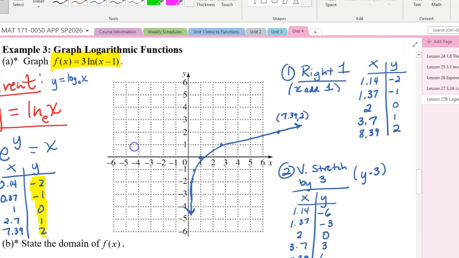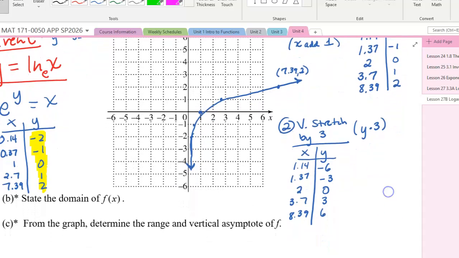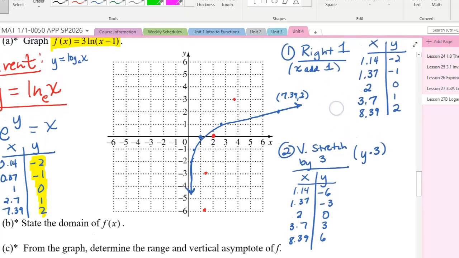and those are the only transformations on my function, so I'm ready to graph the transformed function. So I'm going to go 1.14 down to negative 6, 1.37 down to negative 3, 2, 0, 3.7 up to 3, and then 8.39 up to 6 is going to run into all this, so I'm not even going to graph that one.